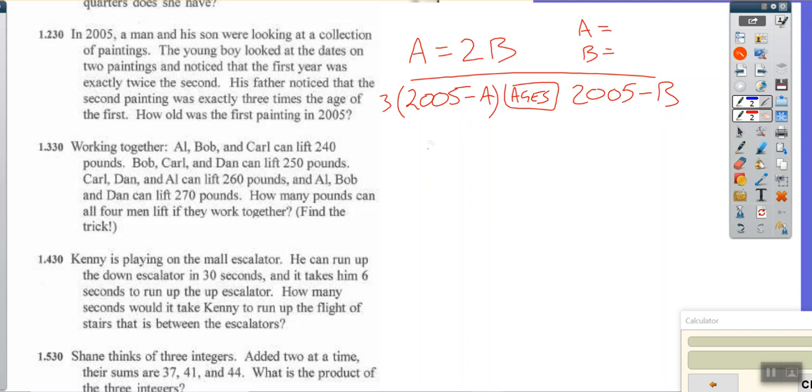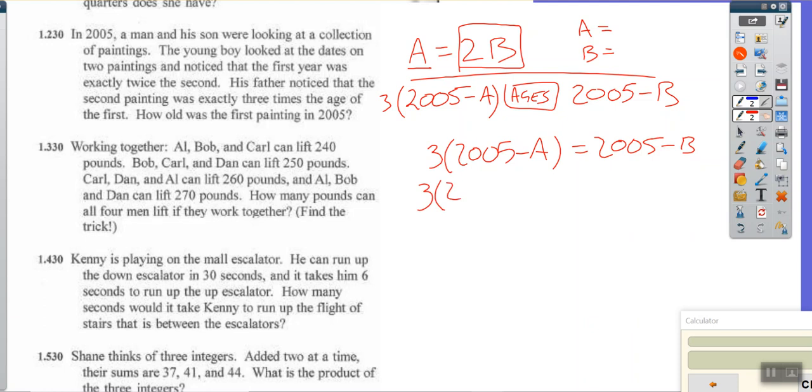So I have 3 times 2005 minus A is equal to 2005 minus B. But I know that A is equal to 2B. So instead of A, I can write 2B. So we have 3 times 2005 minus 2B, and that's equal to 2005 minus B.